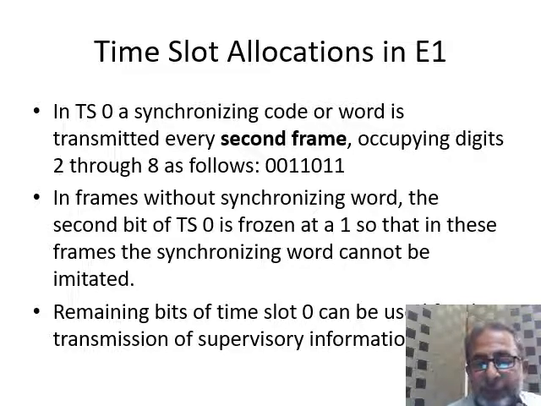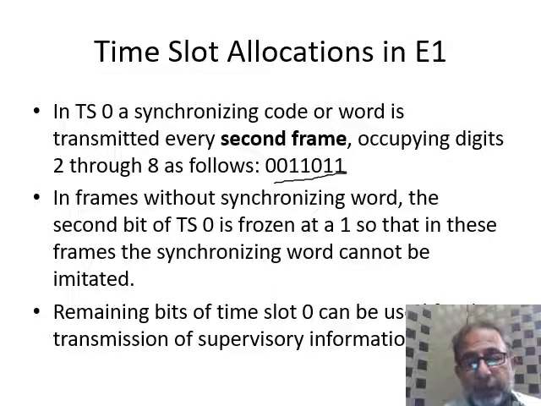The second bit is 0, third is 0, fourth is 1, fifth is 1, sixth is 0, seventh is 1, and eighth is 1, as shown here. Let me show you here.